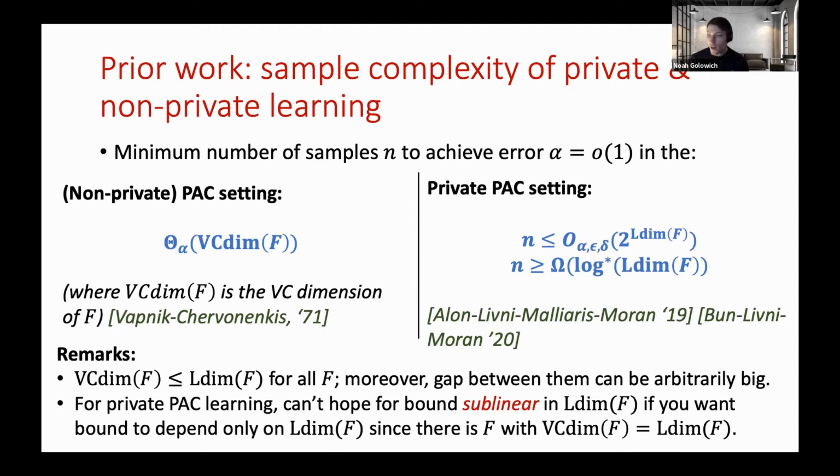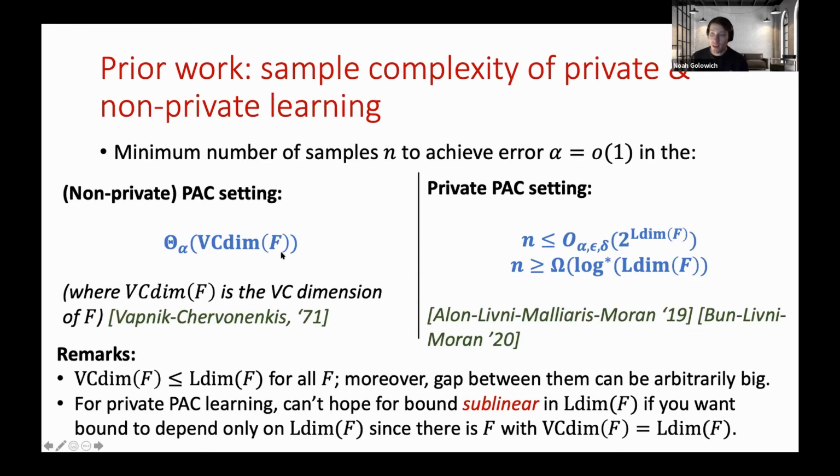The second remark pertains to this upper bound, the number of samples n in the setting of private PAC learning. If we want to decrease the gap between upper and lower bounds, we might say, okay, let's try to improve the upper bound. Unfortunately, we can't actually hope for a bound which is sublinear in Littlestone dimension if you want this upper bound to depend only on Littlestone dimension and not any other parameters of the class. This is because there are hypothesis classes F whose VC dimension is equal to Littlestone dimension.